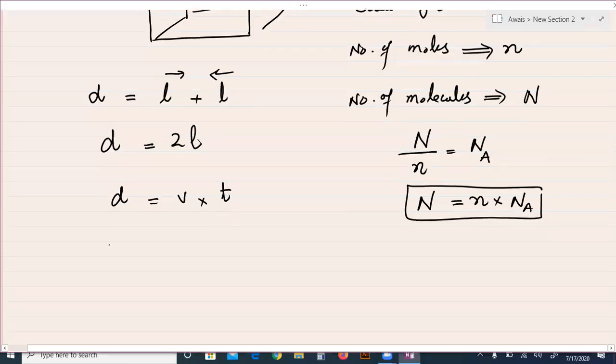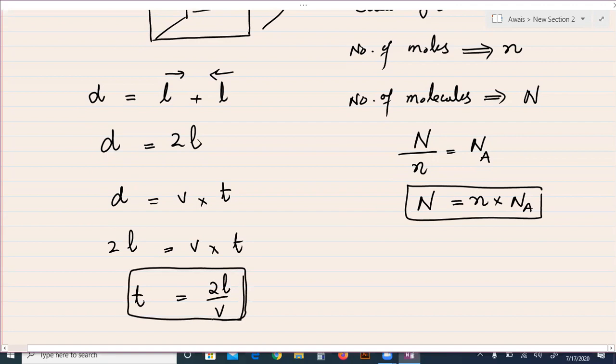So the distance covered for one collision is 2L, speed v, and time T. So this time T is 2L over v. So this is the time taken by one molecule to complete one successive collision. L on one side, L on the other side, the total distance is 2L, meaning just one trip, okay?